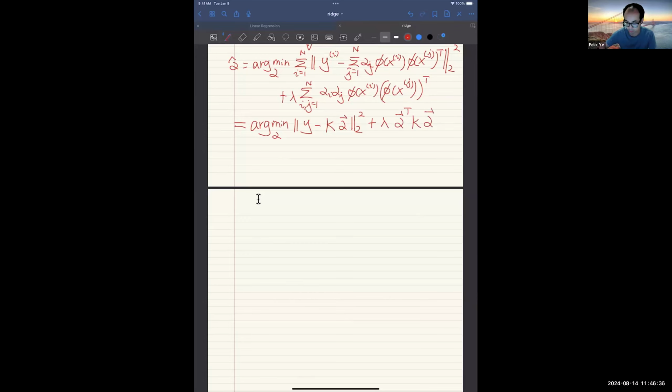So everything is written in vector form, and this is ridge regression in terms of alpha now.